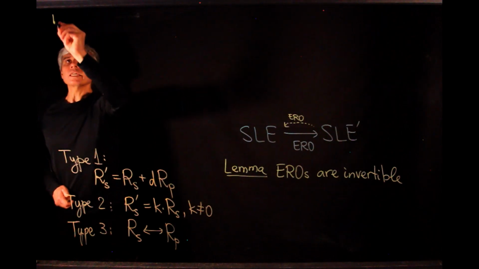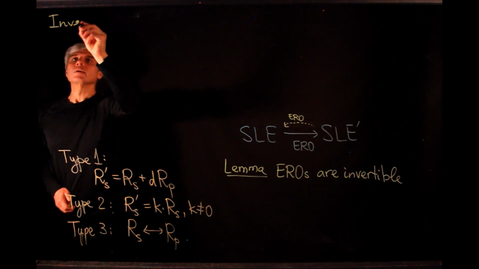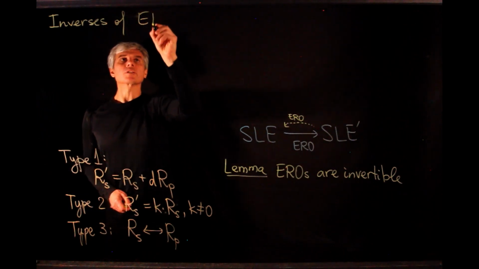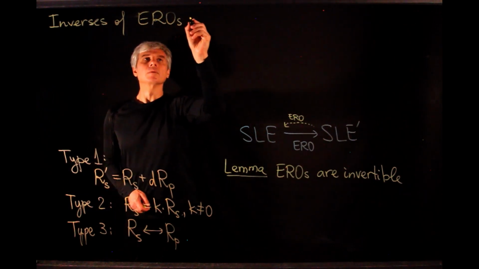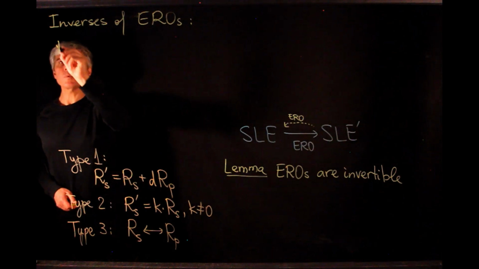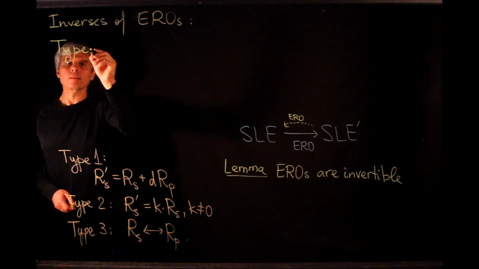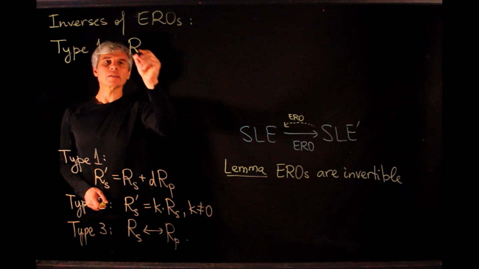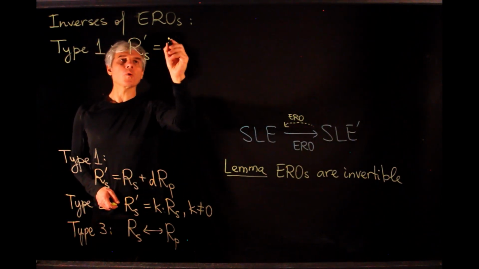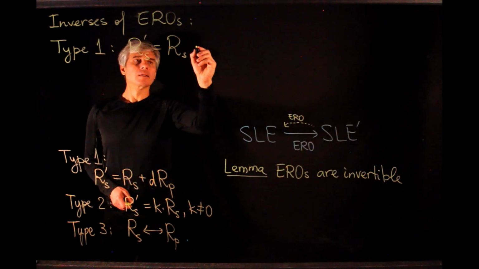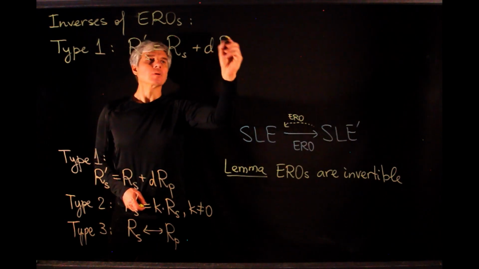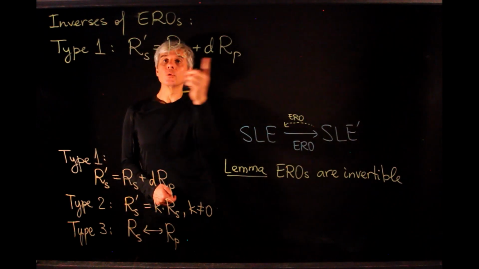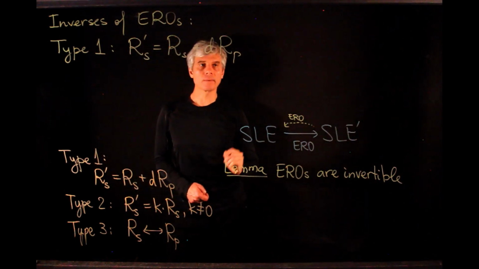So what are the inverses of elementary row operations? So for type 1, if we add to row S a multiple d of row P, how can we undo this elementary row operation?